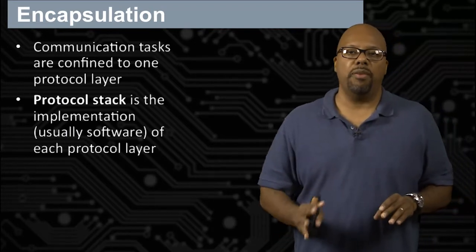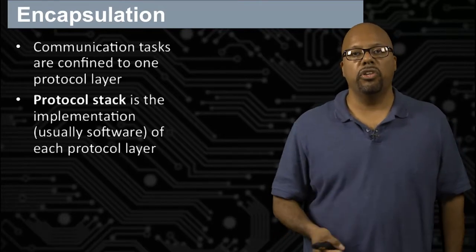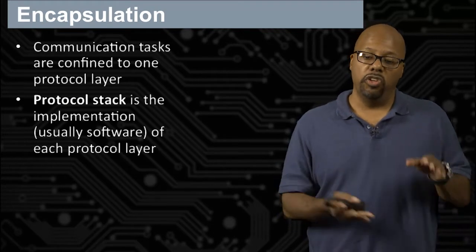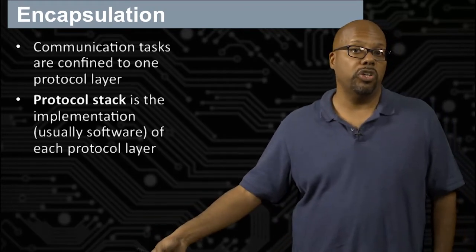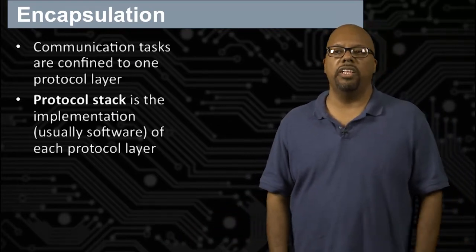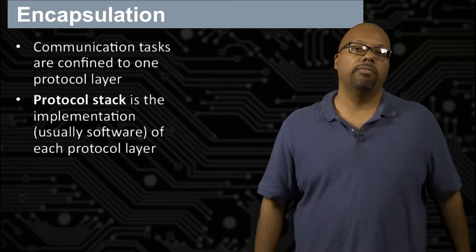So it is encapsulated. It's separating the different layers. The whole point of that is to make it simpler to understand and also to write code. As a programmer, if you're dealing with the layer that deals with routing, then that's all you have to think about. You don't have to think about flow control because flow control is dealt with at another layer. That's what encapsulation generally means. And a protocol stack is the implementation of all the different layers put together.